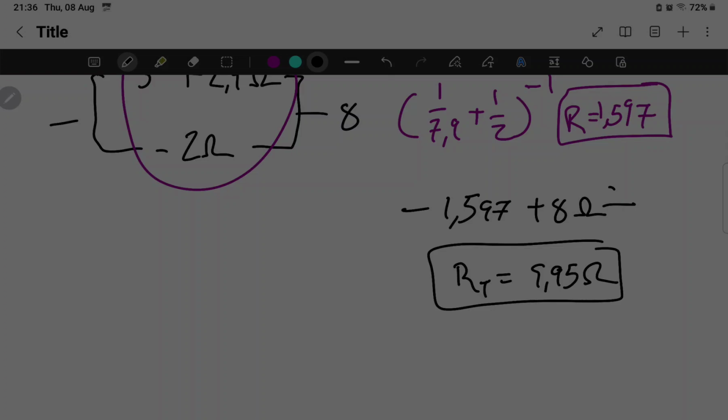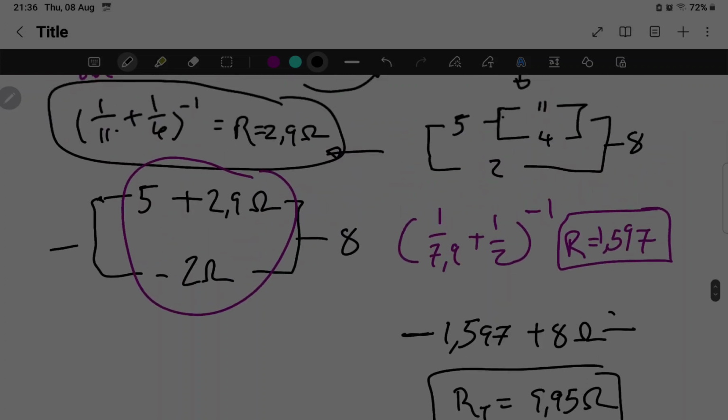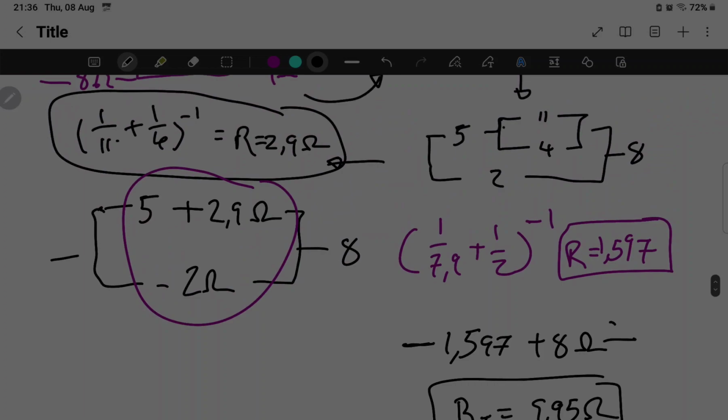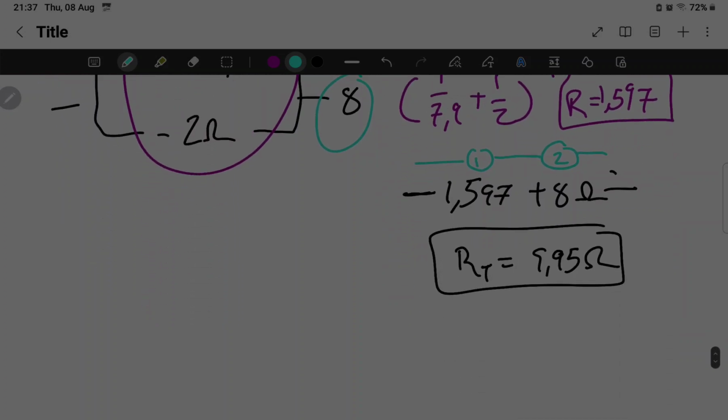Now let's focus on this. Resistors 1 and 2 are in series, right? And we know that in series the current is the same.